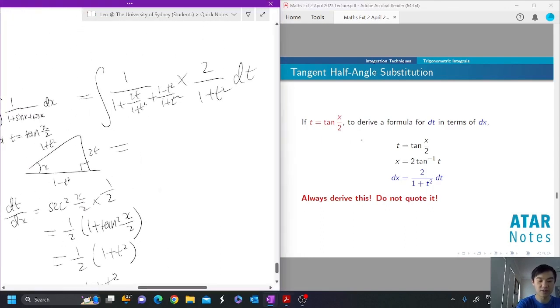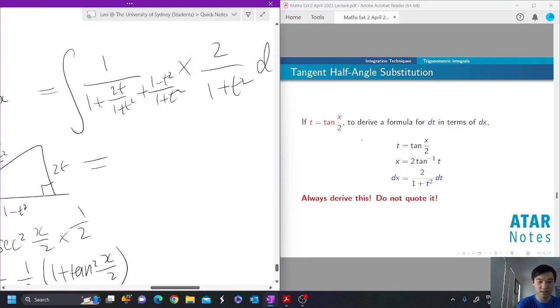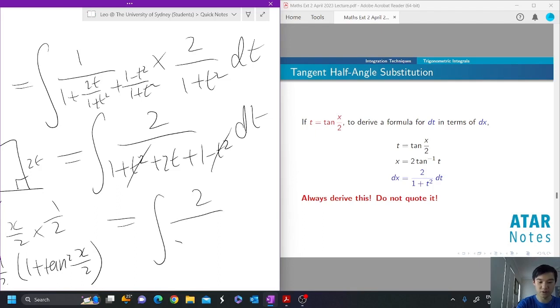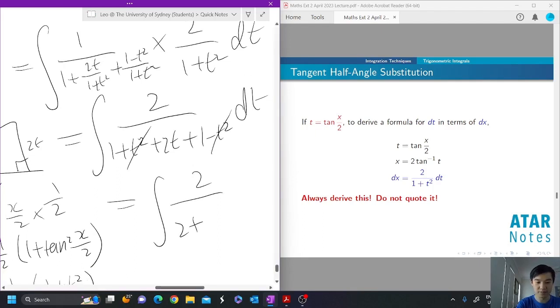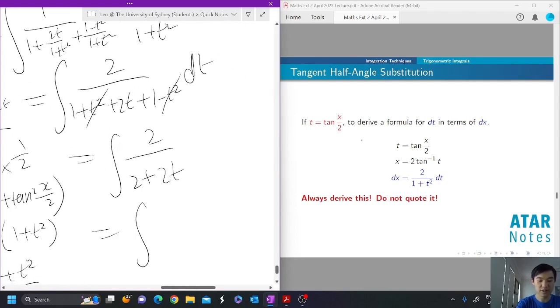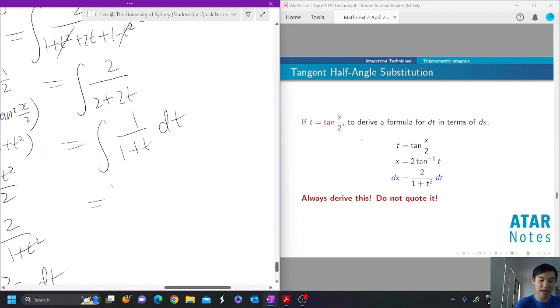When I integrate, that is going to be 2 over 1 plus t squared plus 2t plus 1 minus t squared. And that will cancel out, and I'm left with the integral of 2 over 2 plus 2t, which is going to be 1 over 1 plus t dt. And this is going to be ln absolute value of 1 plus t, plus c.